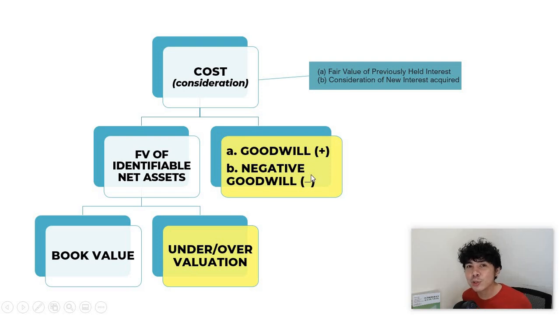Ang composition ng excess of cost over carrying amount is etong ating goodwill or negative goodwill at itong under and over valuation. So again, ang composition ng ating excess of cost over carrying amount of net assets acquired is etong either goodwill or negative goodwill at net under or over valuation ng identifiable net assets ng associate.